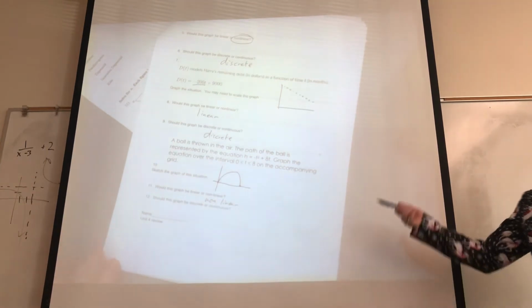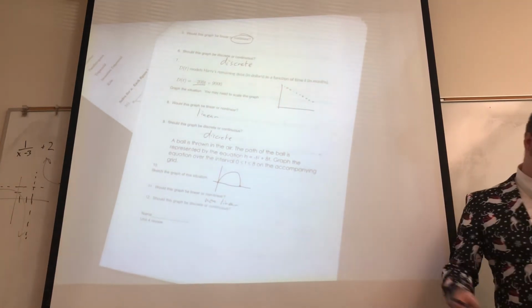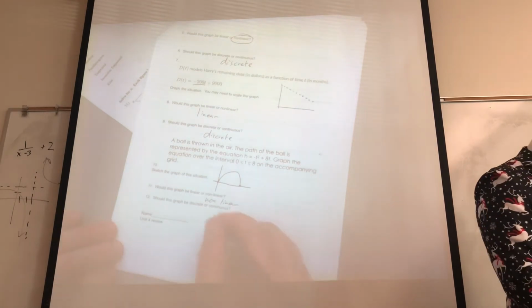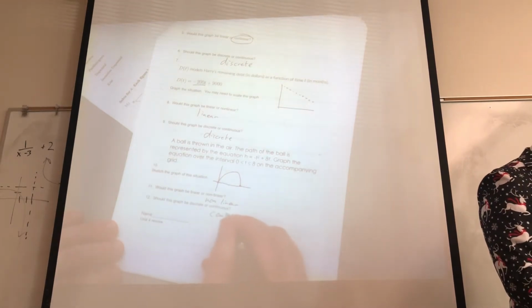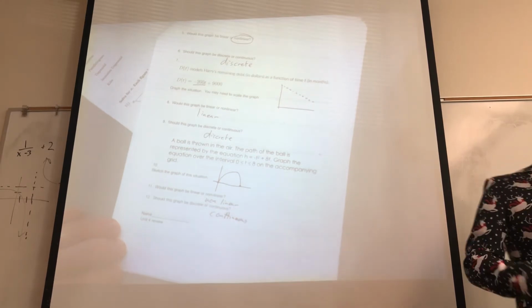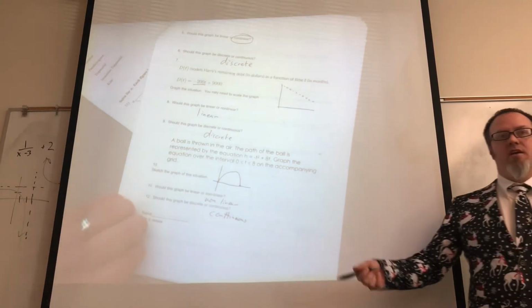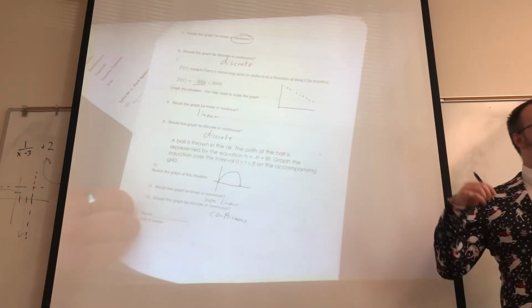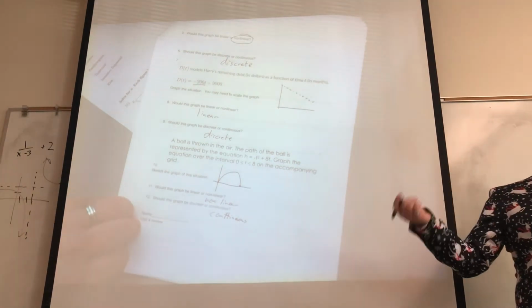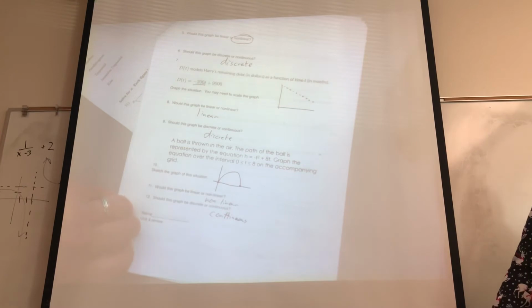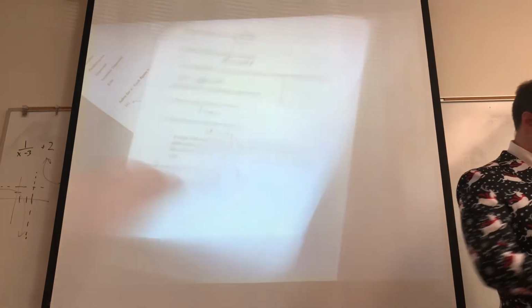It is not in a straight line, so it's not linear. Should it be discrete or continuous? This one's continuous. Like all of these points exist. All those fractional values exist because the ball doesn't cease to exist. Okay?